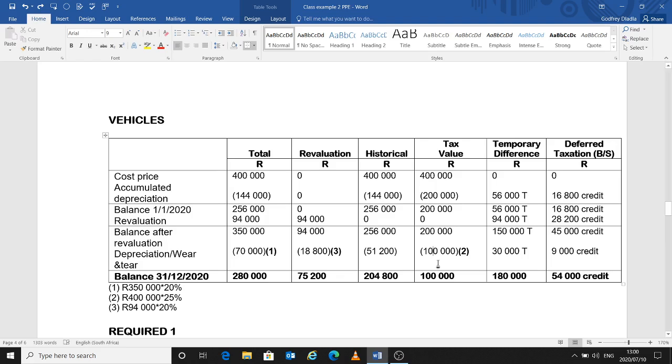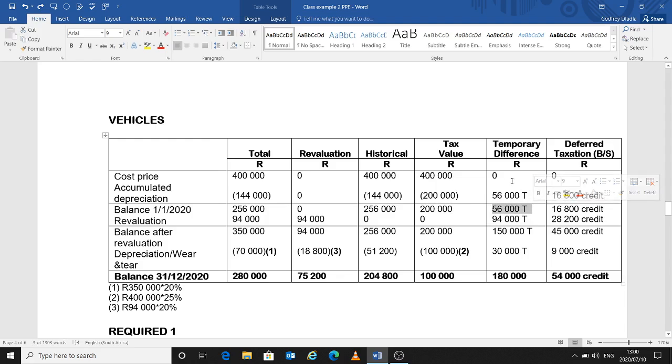Yes, it's a number 2, giving us by end of the year the tax value of 100,000. So the process in terms of the vehicle is more or less the same as the machinery. You compare 256 to 200,000, it gives you this one.